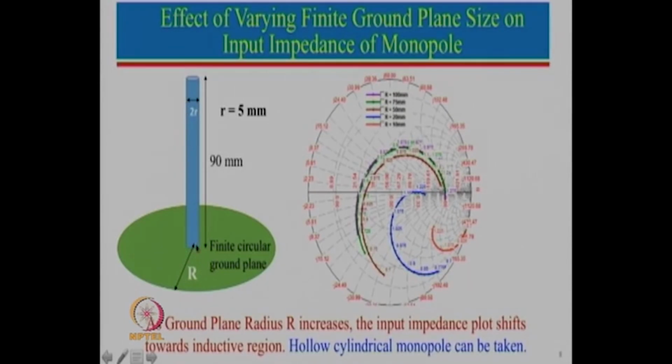I just want to mention here, if we take a rectangular ground plane, performance will be slightly different, and the placement of the monopole antenna is also important. So the results I am going to show you are all for the monopole antenna kept at the center of the circular ground plane here.